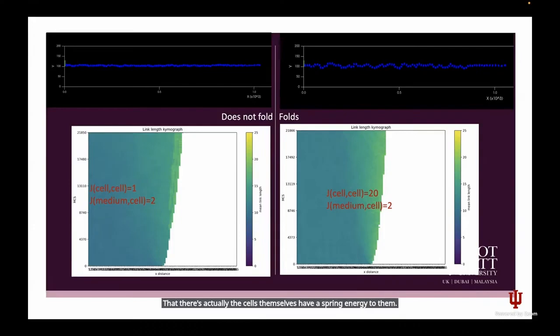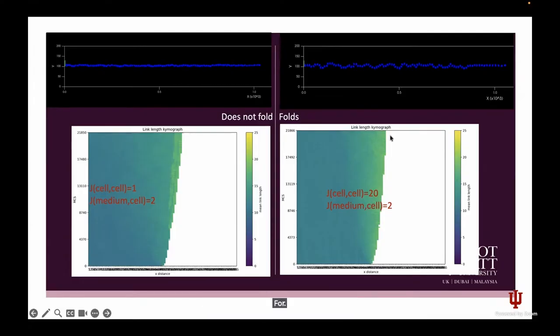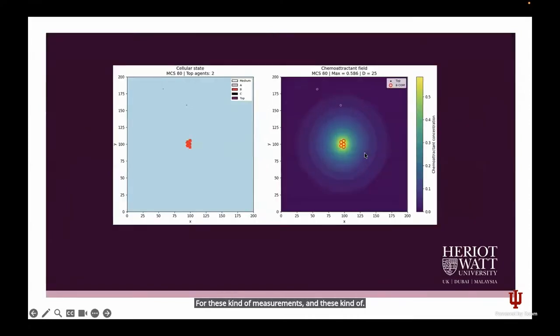So the simulation doesn't start in a neutral energy, relaxed state, because of the cell target volume, and how the cells are pushing away from each other. Right, so we want the system to be relaxed for these kinds of measurements and observations.